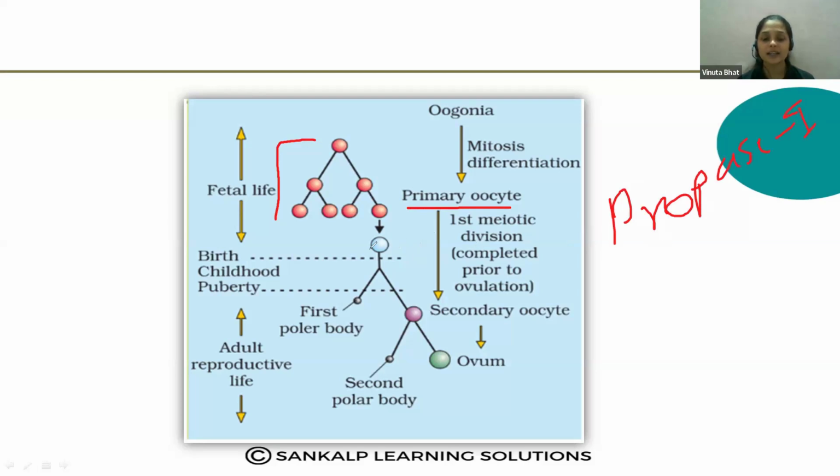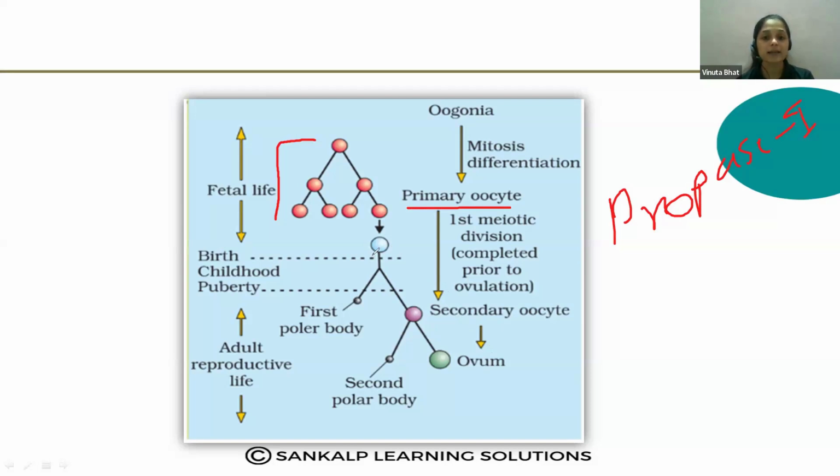For how many days is it arrested? From birth to puberty. From birth until puberty, the meiotic division remains arrested in this prophase stage. After puberty, it is influenced by hormones, and then it starts to complete the production of the ovum.